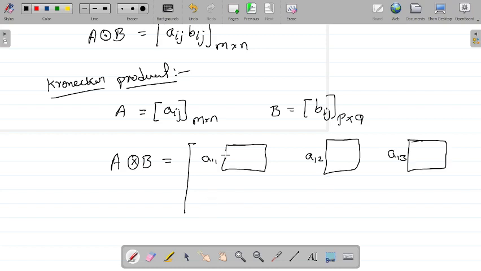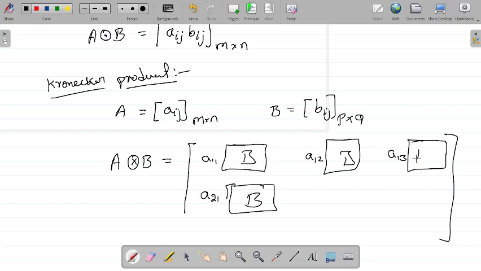Similarly here you are going to have A21 into the entire B. So here I have m rows and n columns in A, and p rows and q columns in B, and so how many of them are there? If you look at the number of columns, how many columns are there?